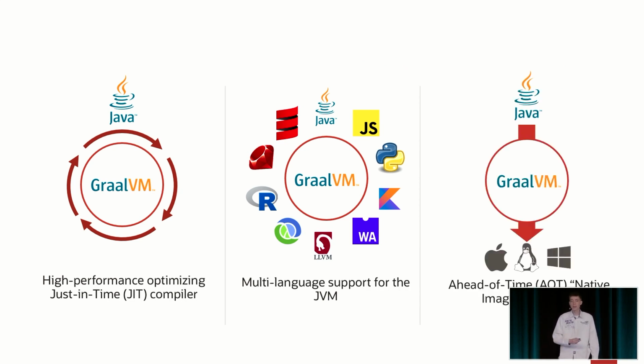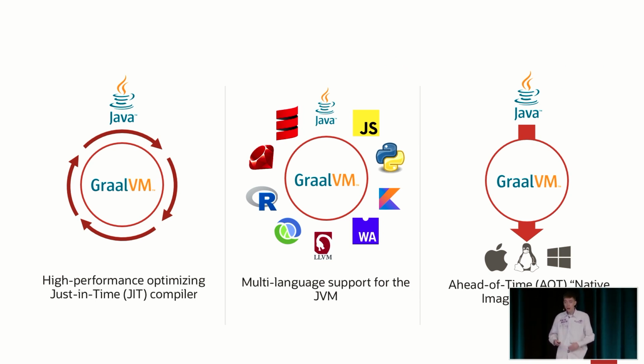And then the third aspect of GraalVM is its ability to create ahead-of-time compiled code from Java applications. In this presentation today, I'd like to really focus on this third aspect. There are other things out there about GraalVM as a JIT or GraalVM as polyglot, but here I'd like to talk about GraalVM as an ahead-of-time compiler for JVM-based languages.